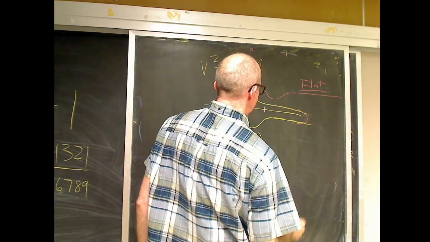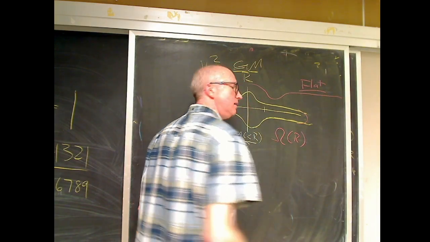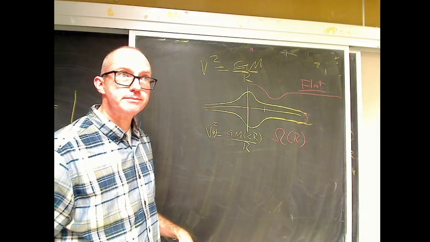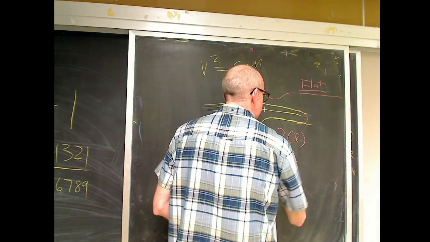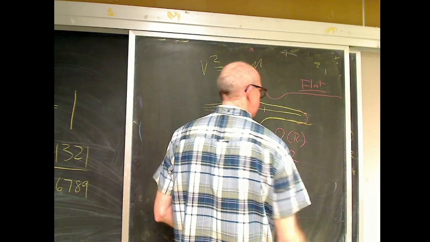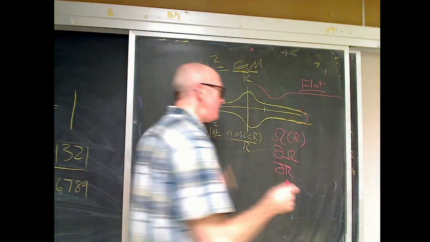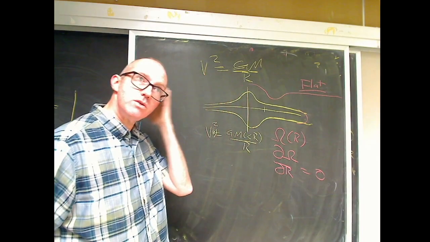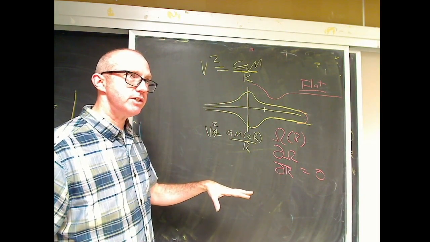So we want to measure omega as a function of r, which is the rotational velocity, or the angular velocity. And we also want to measure d omega dr, which is the slope of the angular velocity. And this, we're going to see, is close to 0, because at the solar circle, we're largely in solid body rotation.